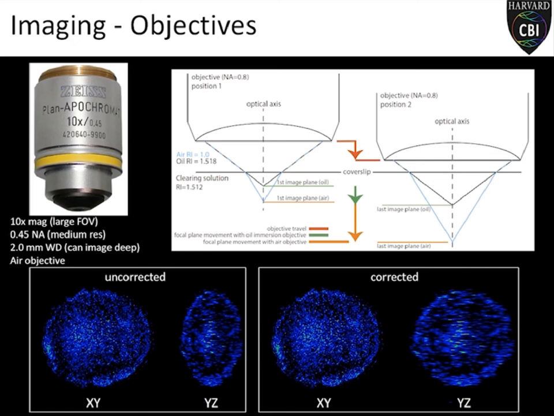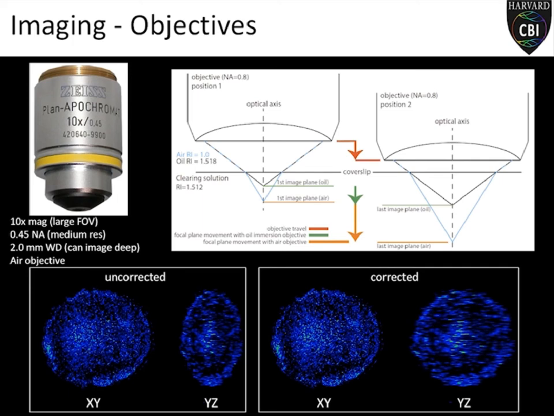So the microscope software thinks that we've moved the distance of the red arrow, but we've really moved the distance of the orange arrow. So what this means is when we take a number of z-slices through that sample and try to put those back into a 3D volume, the microscope thinks that we've moved less distance than we actually have.